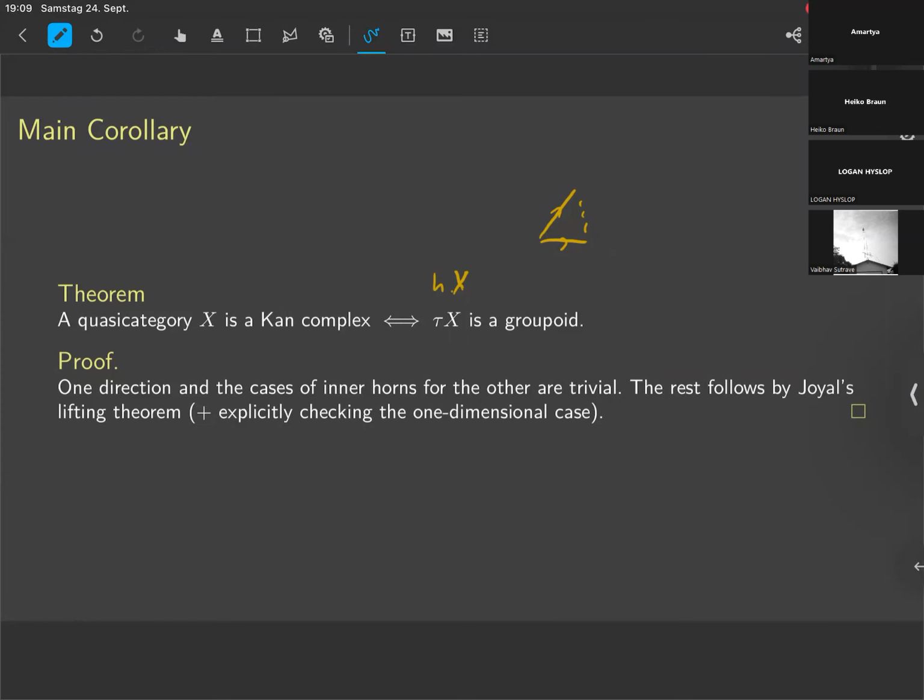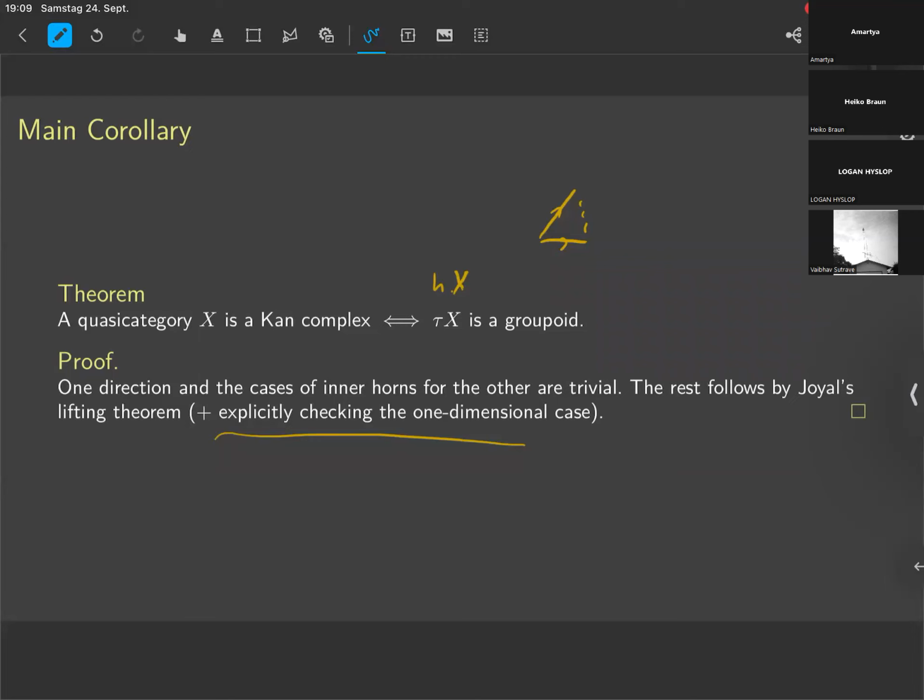Namely, if it is a groupoid, then all the edges are isomorphisms. So we can lift all the horns because the condition in Joyal's lifting theorem is trivially satisfied. And we have to check explicitly the one-dimensional case.